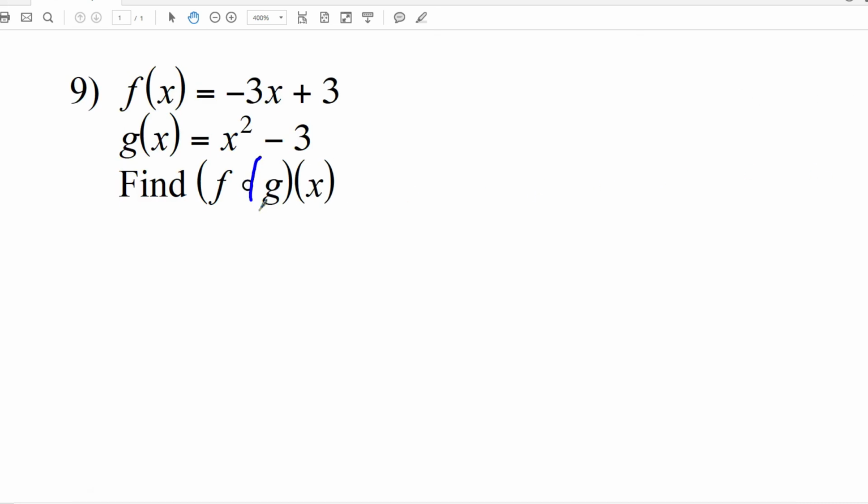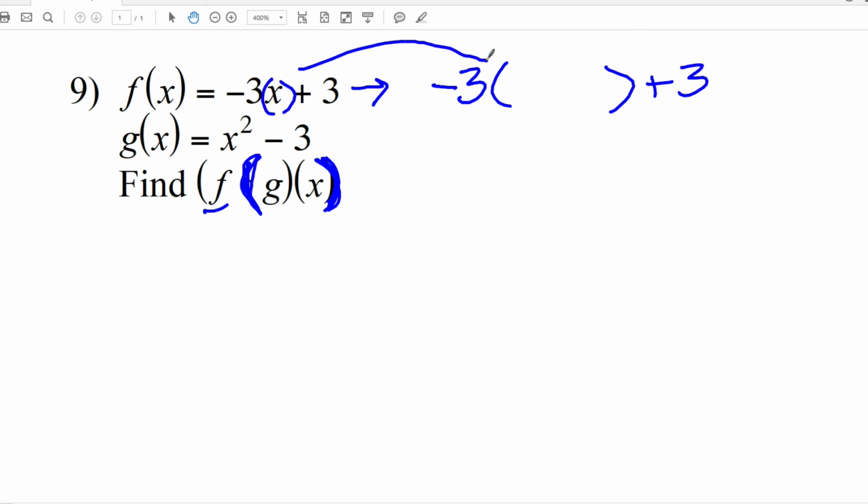Okay, just automatically throw the parentheses in right here. And in our f function, we're going to rewrite that f function: negative 3 parentheses plus 3. And you see all I'm doing is just replacing the x with parentheses.